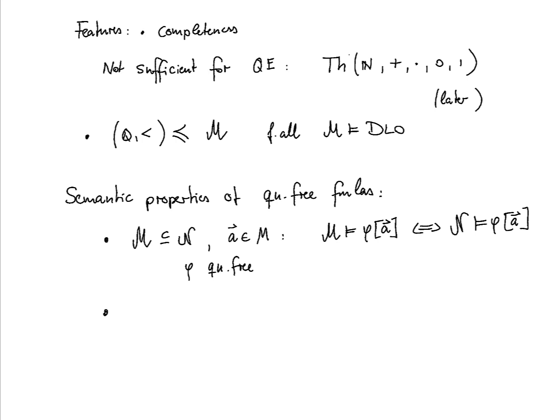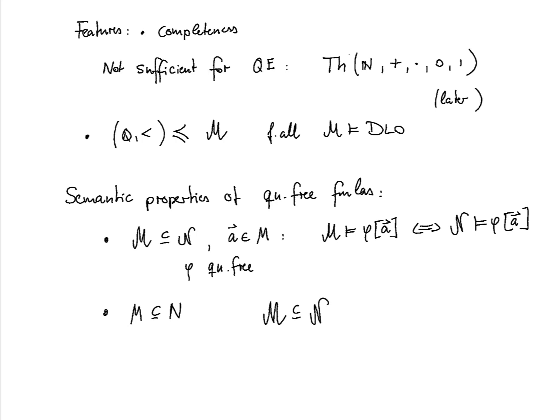And related to that is that if we have that M is a subset of N, a universe is a subset of the other universe, then we can characterize the substructure relation by using the quantifier-free diagram or simple diagram.